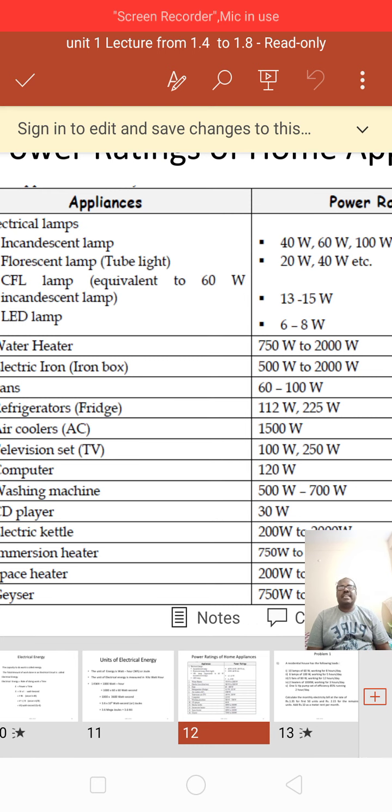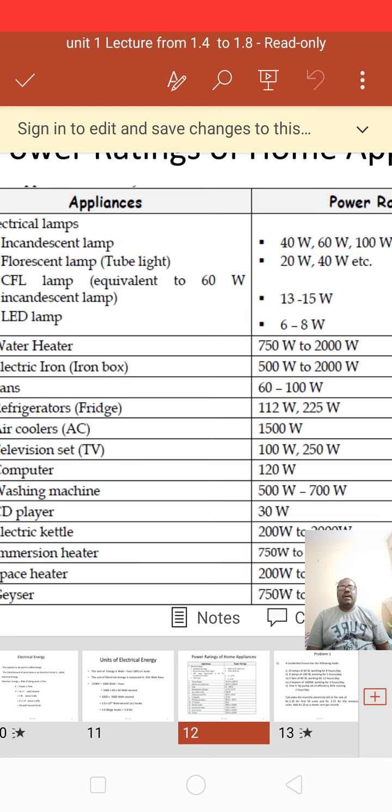For fluorescent lamps 20 watts and 40 watts. For CFL bulbs 13 to 15 watts. For LED lamps 6 to 8 watts. Now the water heater takes 750 watts to 2000 watts for heating of water.